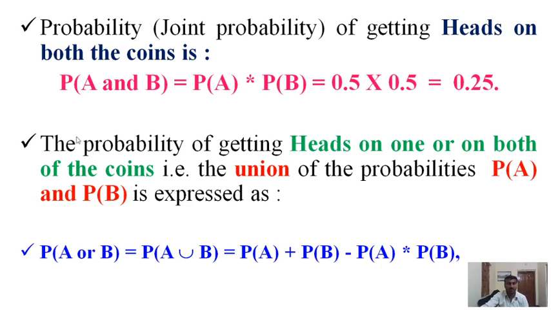So this is the formula. So 0.5 plus 0.5 minus 0.25 is equal to 0.75.